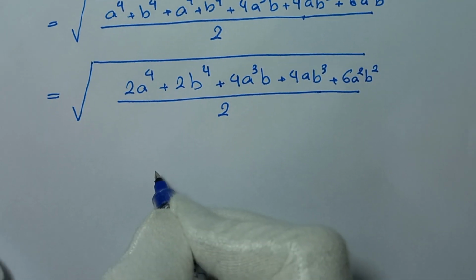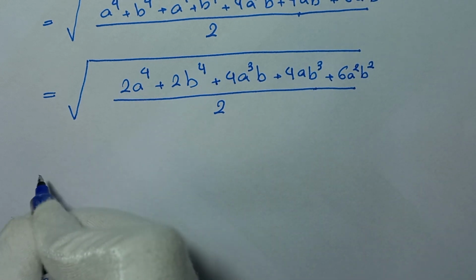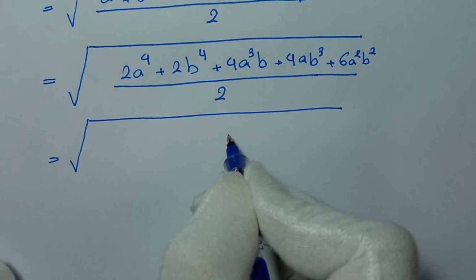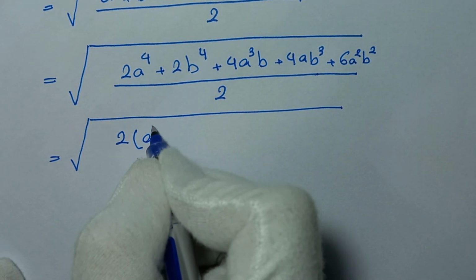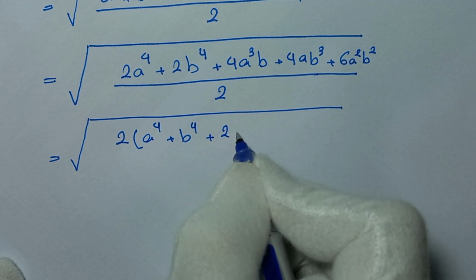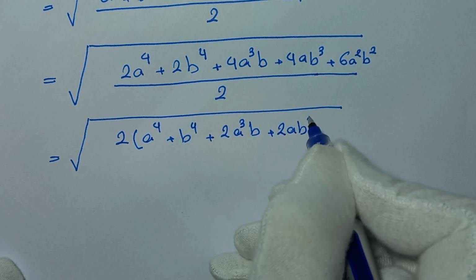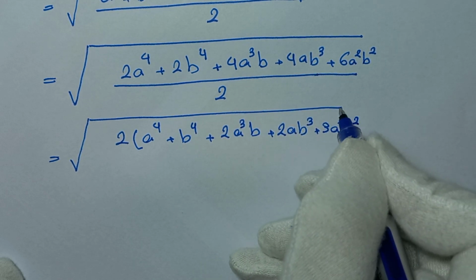So in the next step, in the numerator we factor 2, so it will be the square root of a to the power of 4 plus b to the power of 4 plus 2a cube b plus 2ab cube plus 3a square b square, right?